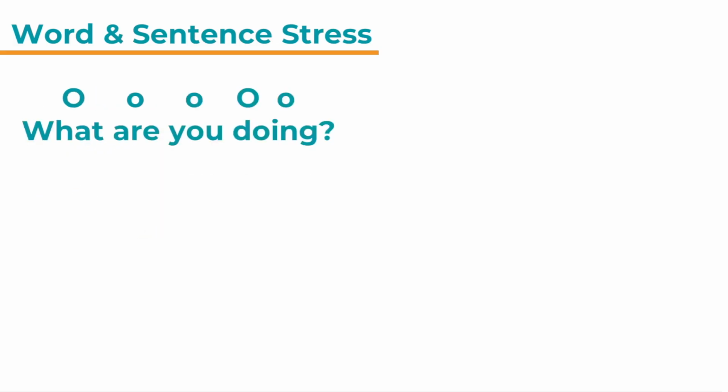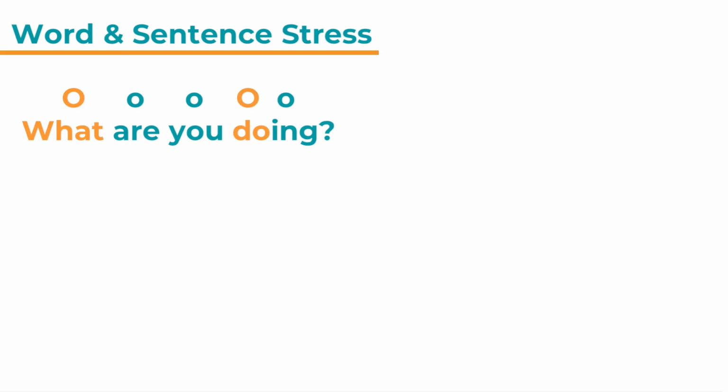Now let's have a look at sentence stress. Here is a short question. What are you doing? We can also use stress bubbles to show the sentence stress. The sentence has 5 syllables, and the first and fourth are stressed.